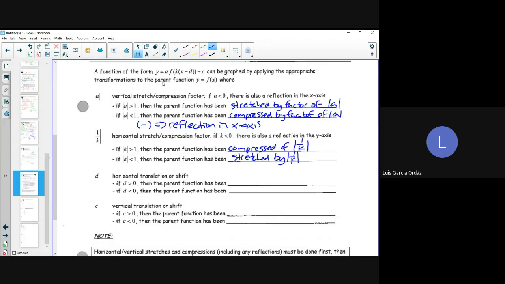Okay, so we have D. D is the horizontal translation or shift. If D is greater than 0, then the parent function has been translated to the right, right? But what does it have to appear in the brackets as? Negative.